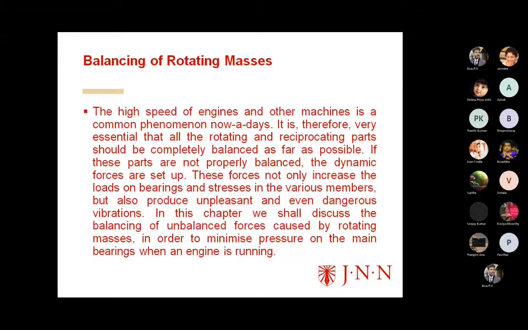Reciprocating motion means, consider horizontally, the piston will move left and right. So each and every part or motion inside a machine can be either rotating parts or reciprocating parts, definitely. So that it should be balanced.